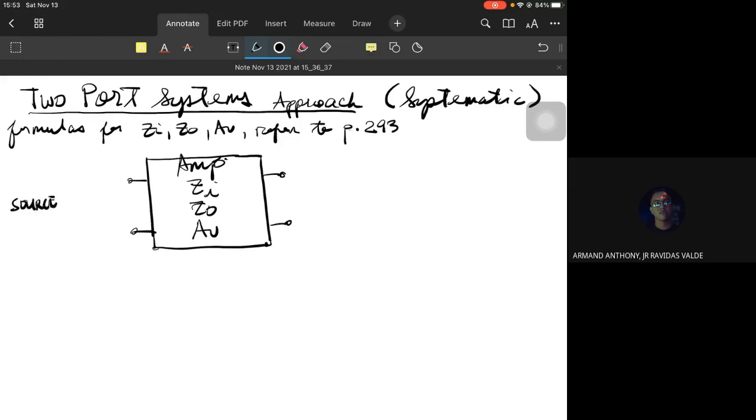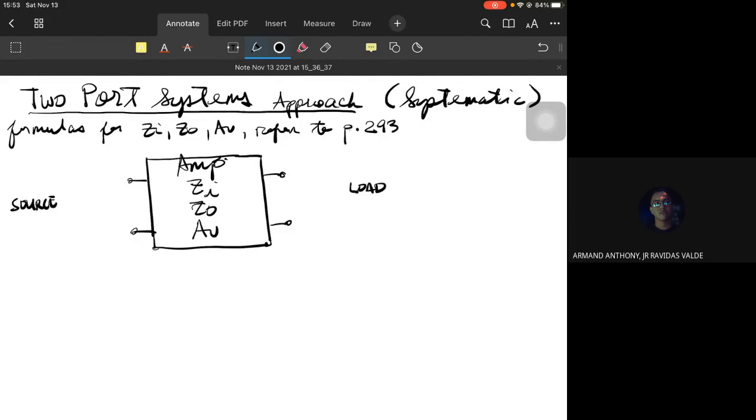The source drives our amplifier, or our system, so to speak. And the thing being driven by the amplifier is what we call the load. I also mentioned these terms before: source and load.